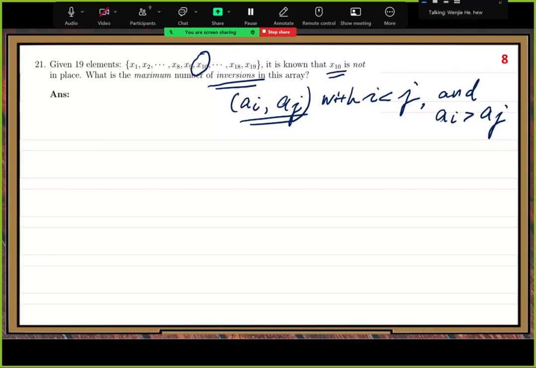AI appears before AJ in the index order, but their values are opposite to the index order, out of order.